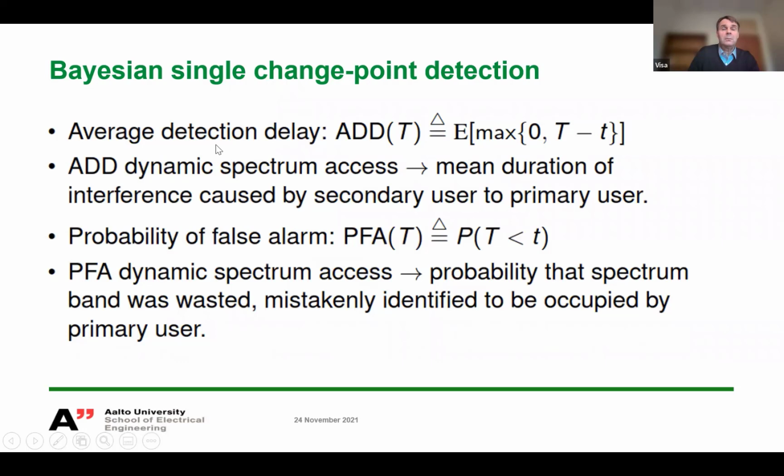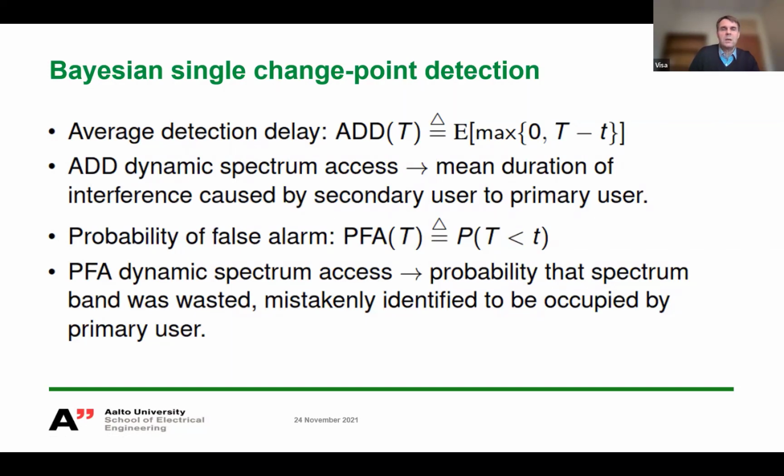Regarding the performance of this type of technique, you usually want to consider the average detection delay, which is of course the expected value of the maximum difference between the time point capital T when you detect the change and lowercase t when the change actually happens. So you want to have this difference as small as possible.